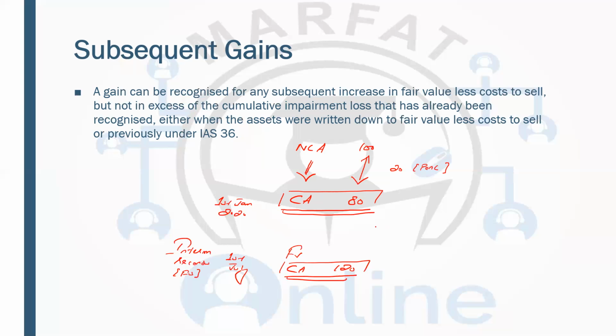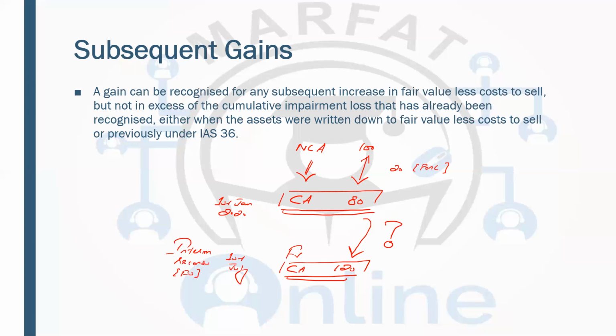Now the question is, can we take this current asset, which was worth 80 at 1st June and 120 at 1st July, can we take this asset held for sale from 80 to 120? This is the question.